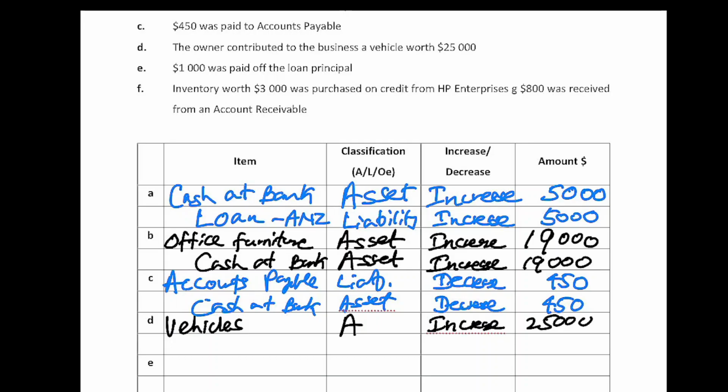Then when the owner does something to the business, which item is affected? Capital contribution. Owner's equity, correct. So you write capital. No, we'll just say capital. What's the difference between capital and capital contribution?